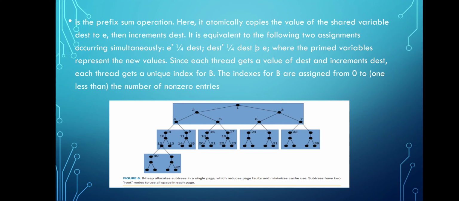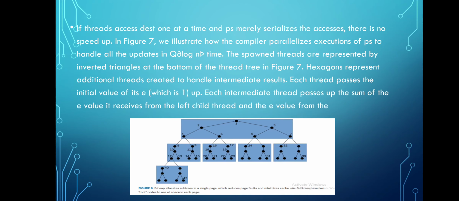It is equivalent to the following two assignments occurring simultaneously, where the primed variables represent the new values. Thus each thread gets a value of dest and increments dest. Each thread gets a unique index of B. These indexes for B are assigned from 0 to 1 less than the number of non-zero entries.